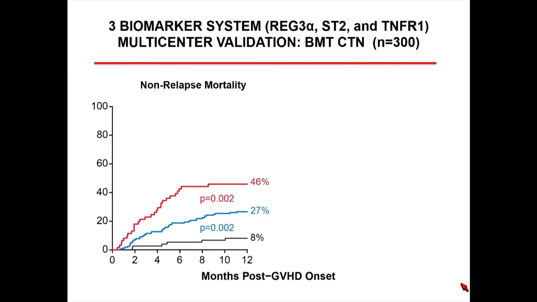When we looked at the biomarkers in those blood samples, we found that 3 of them, ST2, Reg3A, and the TNF receptor type 1, could be combined into a biomarker signature with an algorithm that would weight each of the concentrations of the biomarkers and produce a predicted probability for each patient of non-relapse mortality.